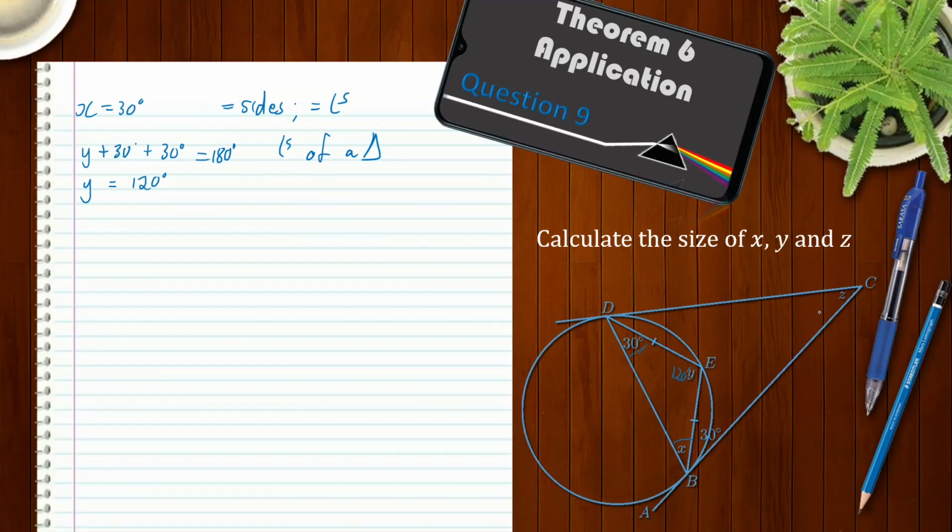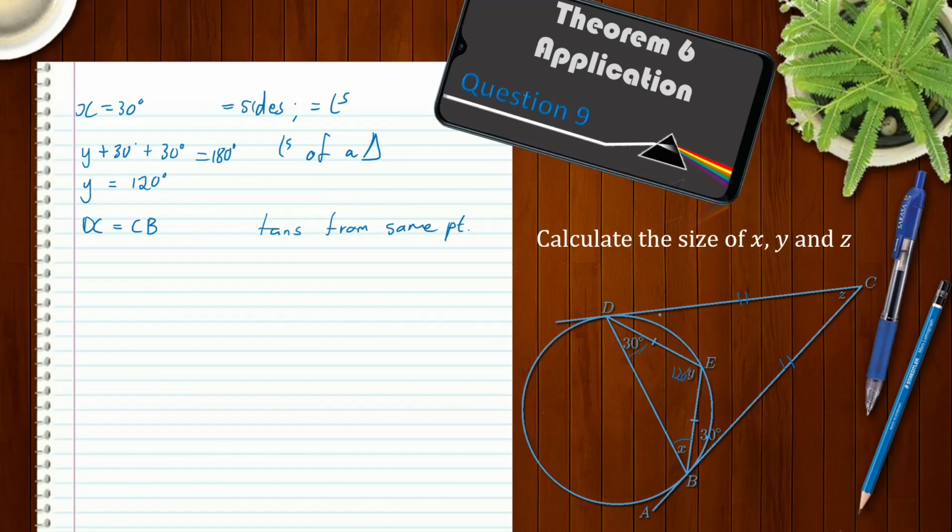Now for z. Now z forms the triangle CDB, okay? And we can see that C is a point outside the circle, and it is formed by 2 tangents from the same point, which means these 2 tangents are equal to each other, okay? So I'm going to say that DC is equal to CB, or BC, because of tangents from same point.